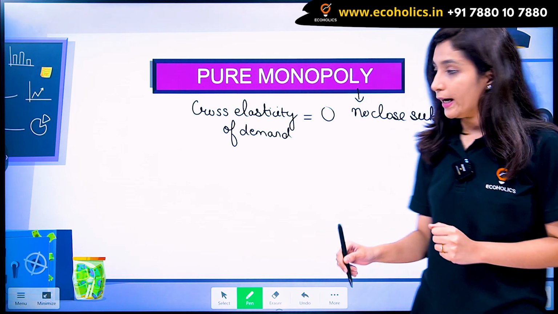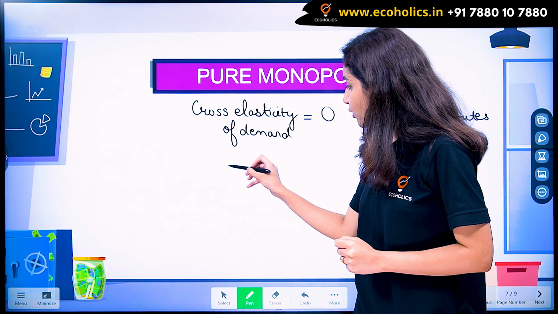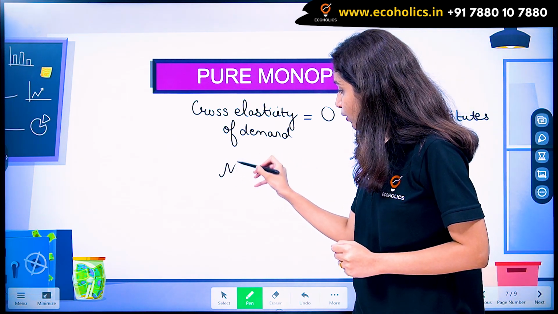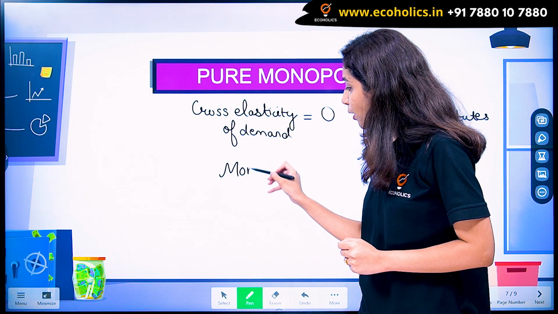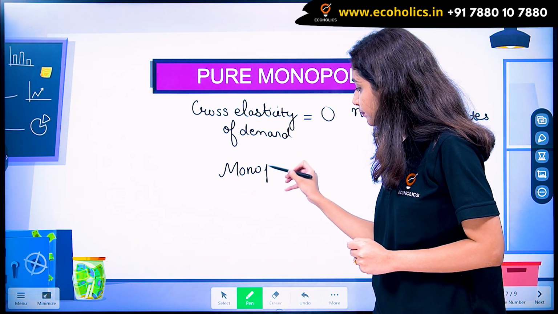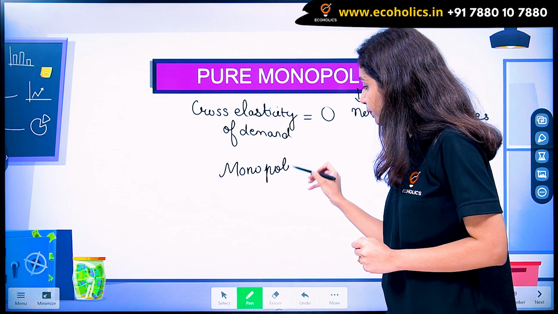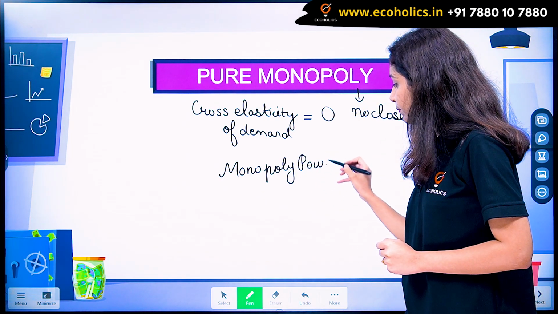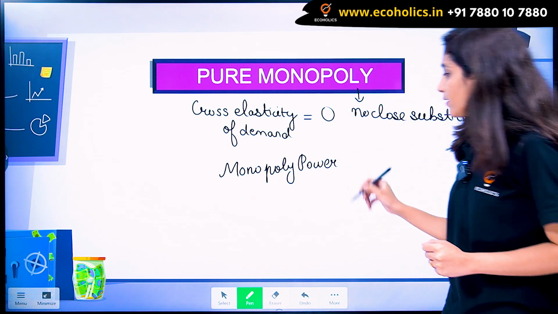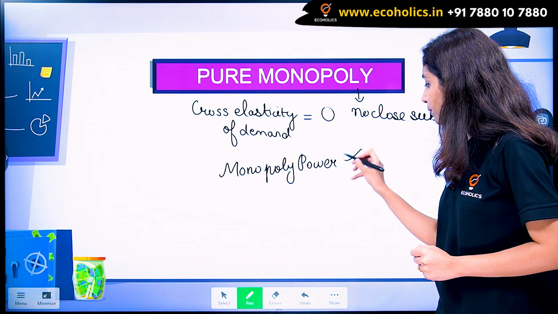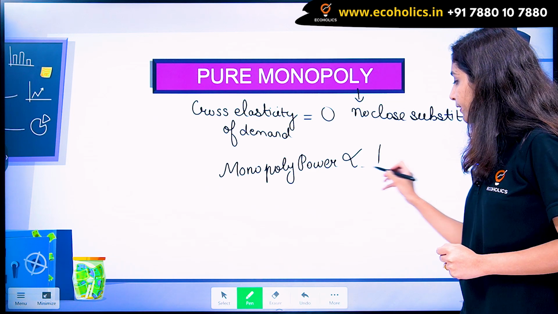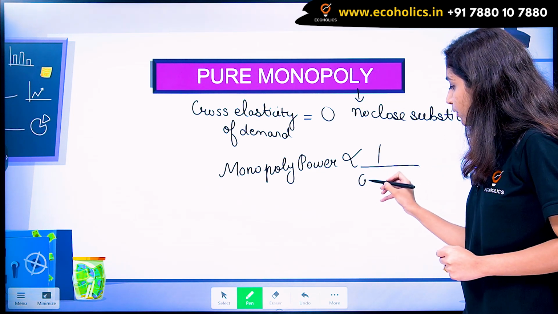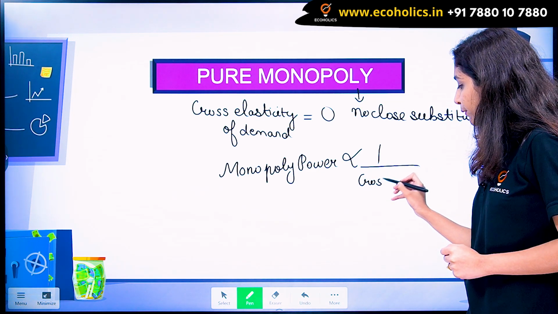We can conclude that monopoly power is inversely related to cross elasticity of demand.